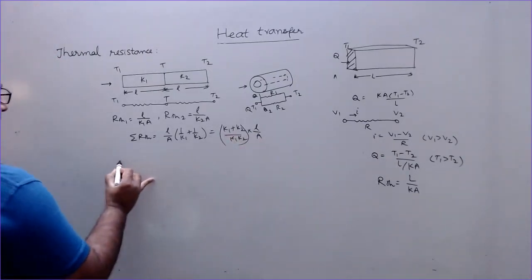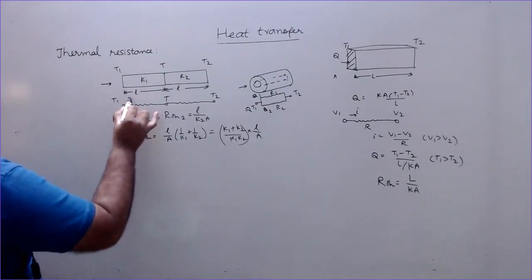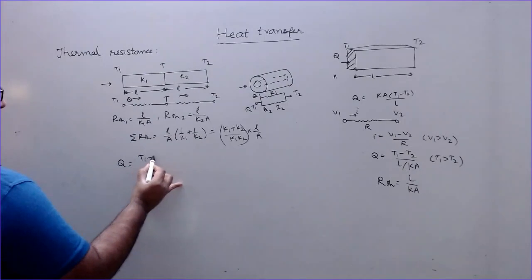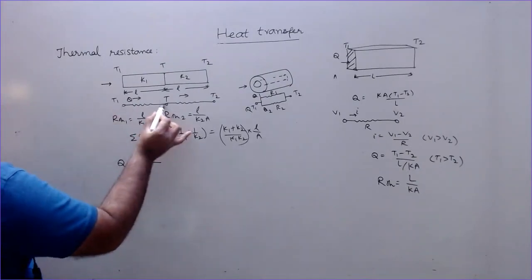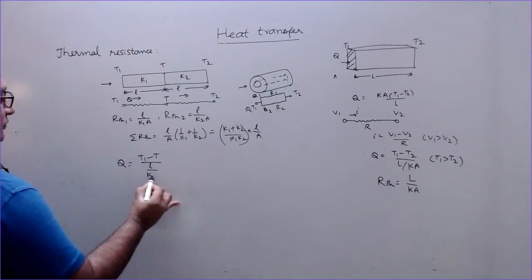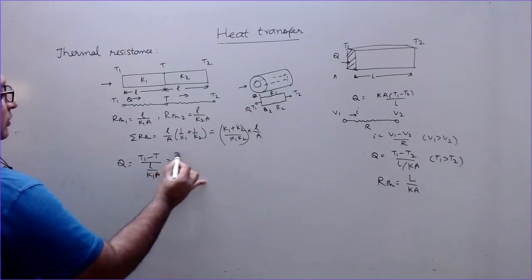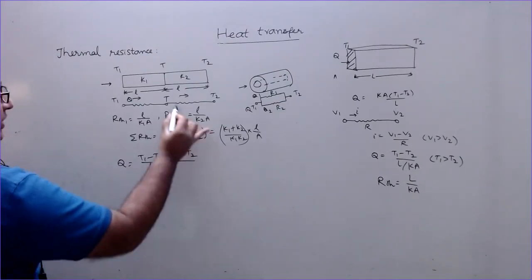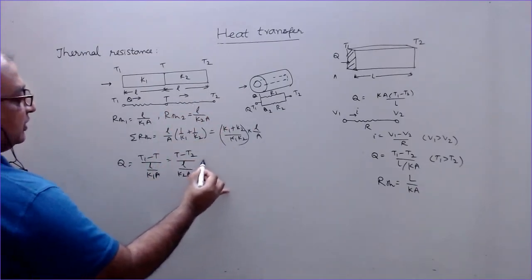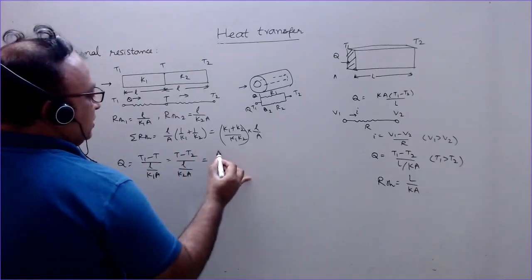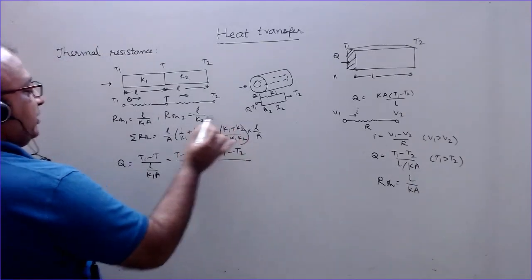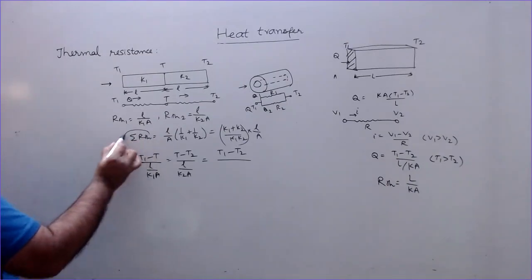And we can say that the heat flowing Q across this or this is equal to temperature difference divided by this thermal resistance, equal to (T minus T2) for the second body divided by its thermal resistance, equal to total temperature difference across the two ends, T1 minus T2, divided by the total thermal resistance.